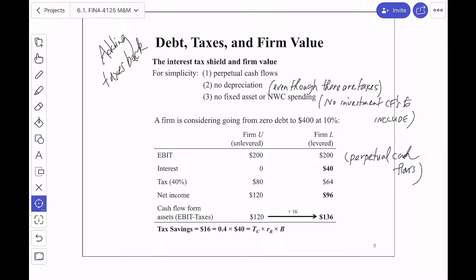All right, so then we have taxes. Taxes, 40% on the earnings would be $80 over here.